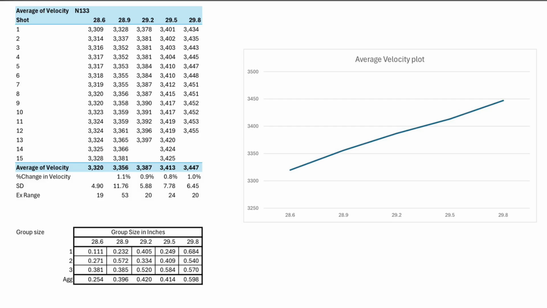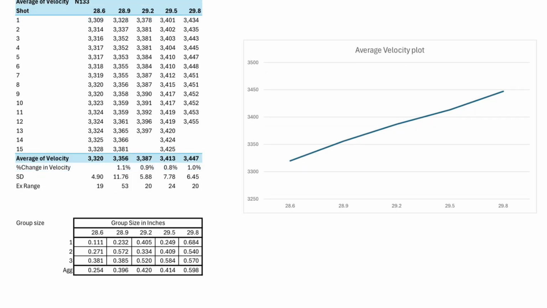So the first table you see up there on the left-hand side is the velocities per shot, and for each of the different powder charges I used 5 powder charges and tried to get 15 rounds per string. I did forget to turn the LabRadar on for some of them, and for one, the LabRadar LX, the new little small one, did fail to pick it up.